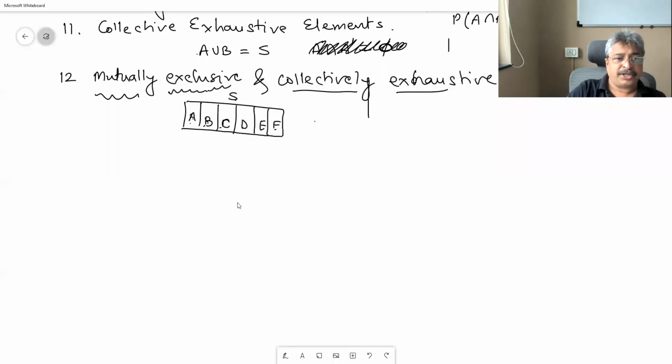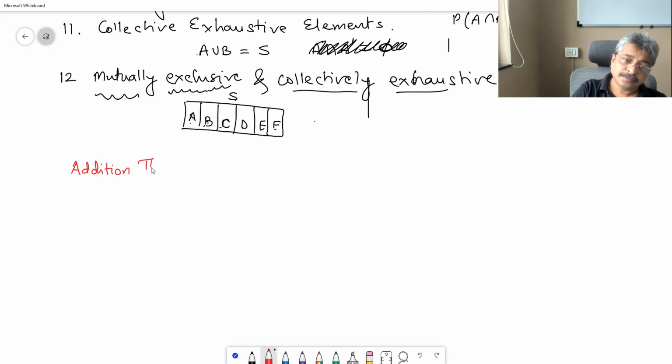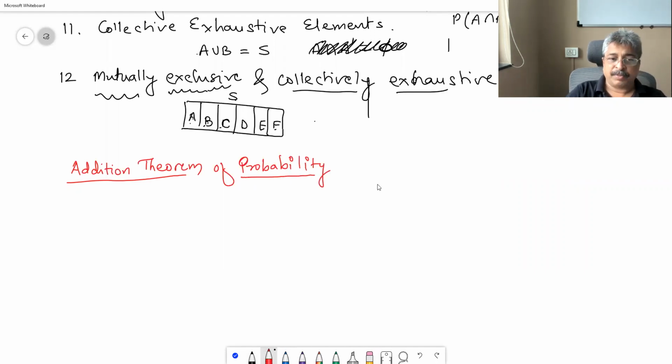Now, the addition theorem, first theorem. Addition theorem of probability. Very simple.